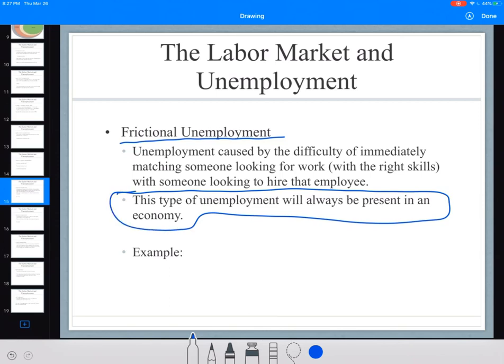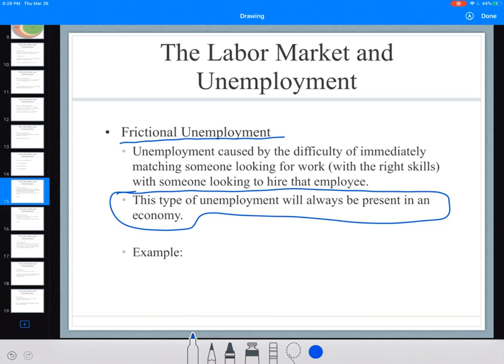And it's the type of unemployment that each of you will experience at some point in your life, right? You will switch jobs, you will change positions, you will move to other companies, you might be laid off briefly and then find another job. But this is basically that type of unemployment that comes about because it takes a little bit of time for people to find a new job. Even if they have the skills and abilities and somebody's willing to hire them, it just takes time for those two people to find each other, okay?